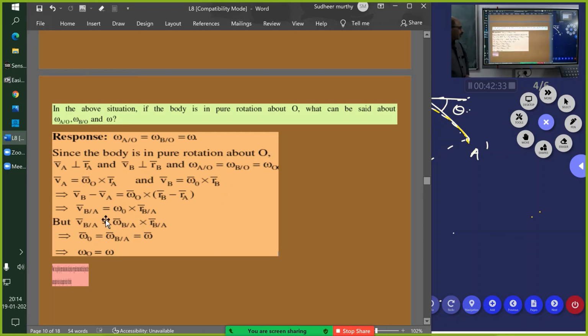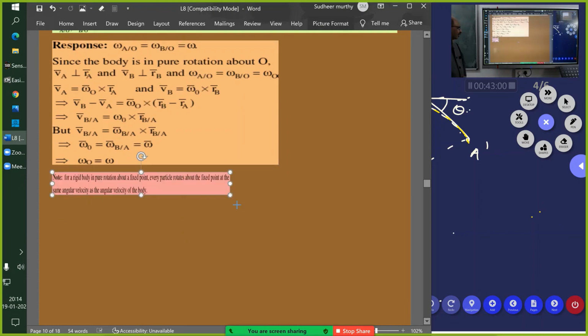So VBA is equal to omega naught RBA. But VBA is equal to omega BA into RBA. Now, if you compare these two, you will get omega naught is equal to omega B with respect to A. Therefore, this is equal to this. Got it?